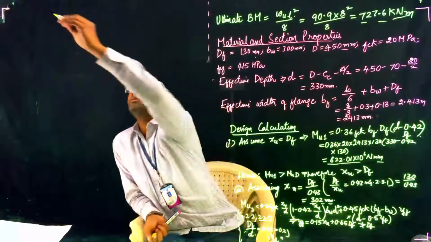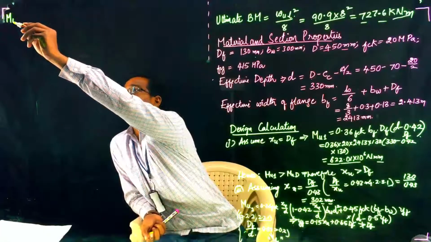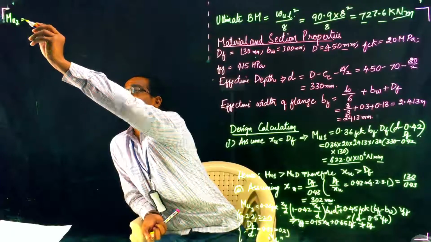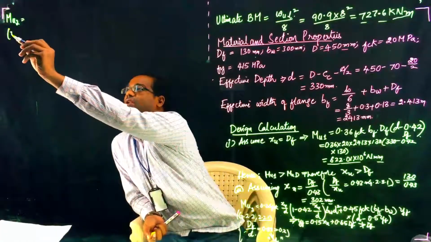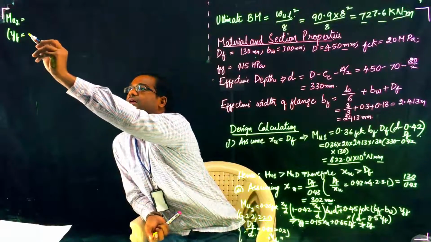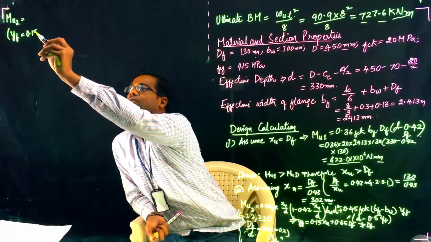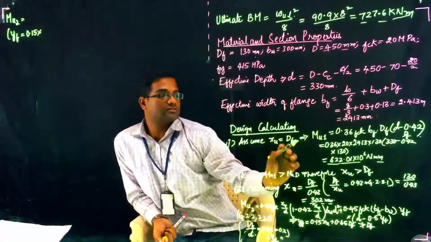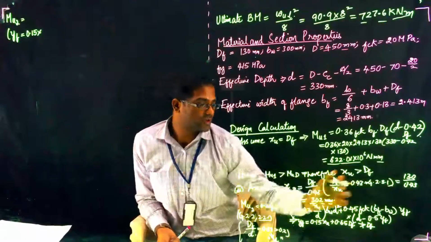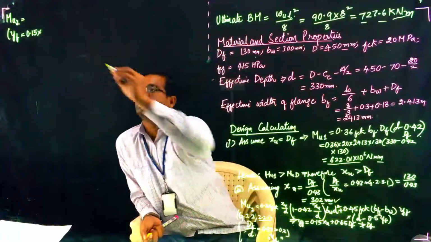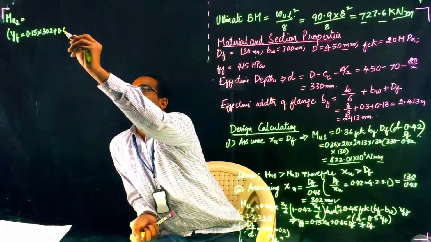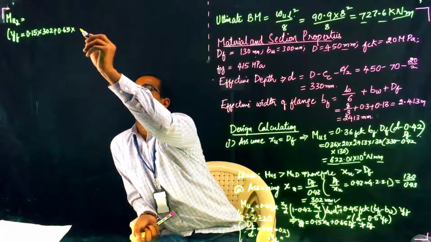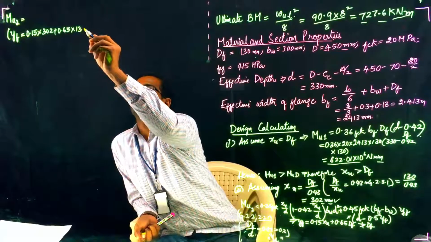So the moment of resistance MU2 is given by, we substitute the values now. Before that we need to calculate YF. YF is given by 0.15, XU we have calculated as 302, plus 0.65 into DF, the depth of flange.